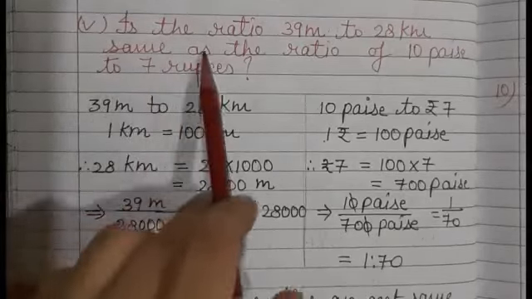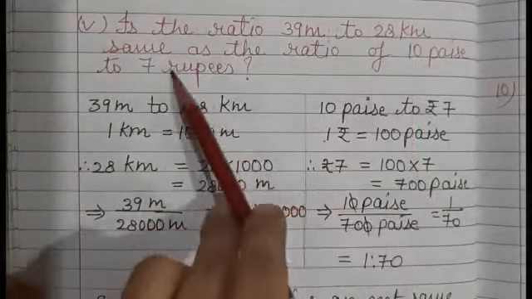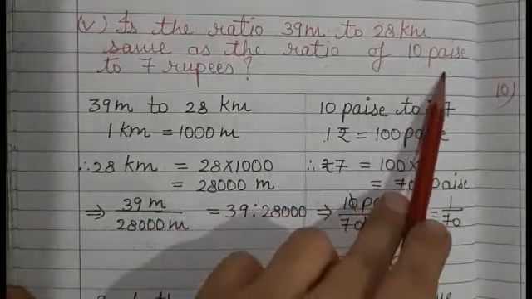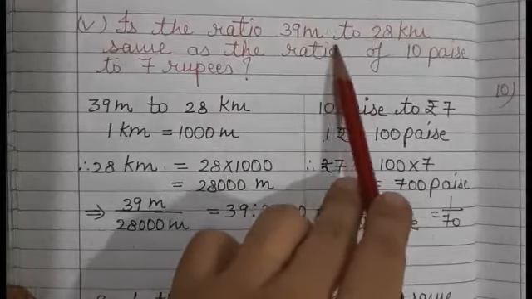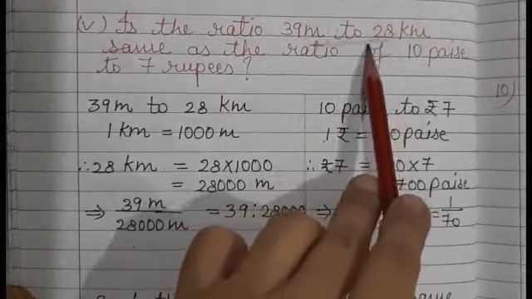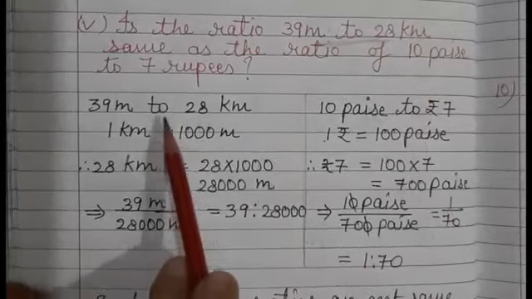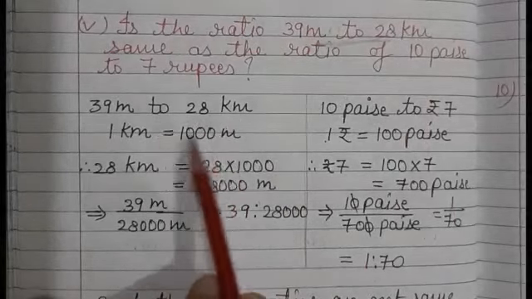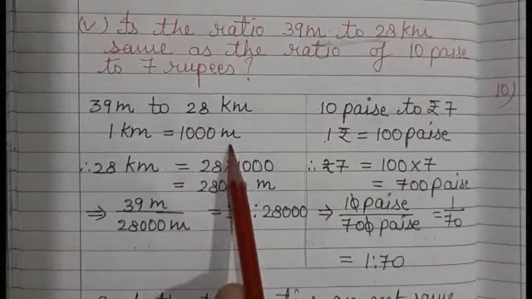Now fifth part is the ratio 39 meter to 28 kilometer same as the ratio of 10 paise to 7 rupees. So here first we have to find out these two quantities' ratio, 39 meters to 28 kilometer, right? So just convert into the same unit first. We know that 1 kilometer is equals to 1000 meters.